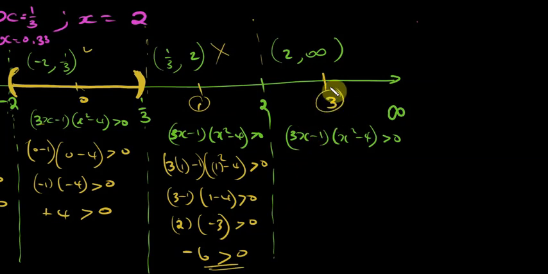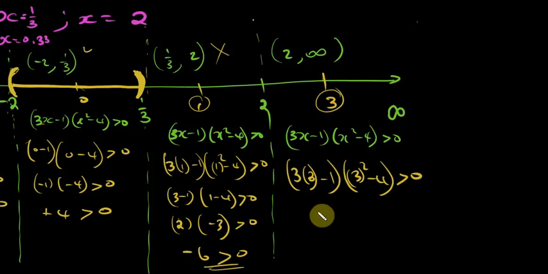We use 3 in this region. (3x - 1)(x² - 4) with x equals 3 should be greater than 0. 3 times 3 is 9, minus 1. 3 squared is 9, minus 4.